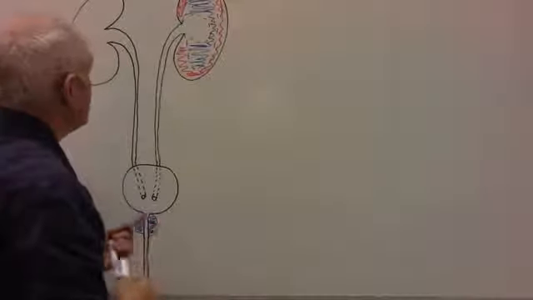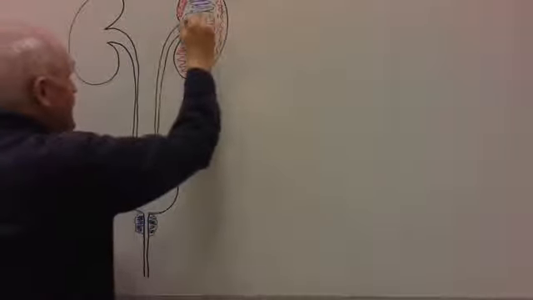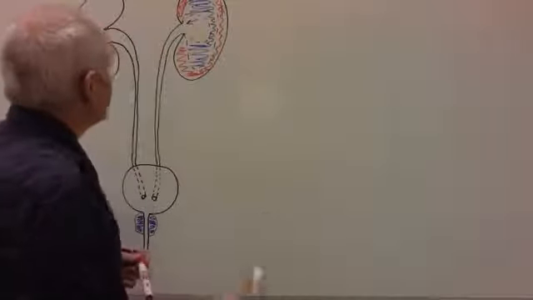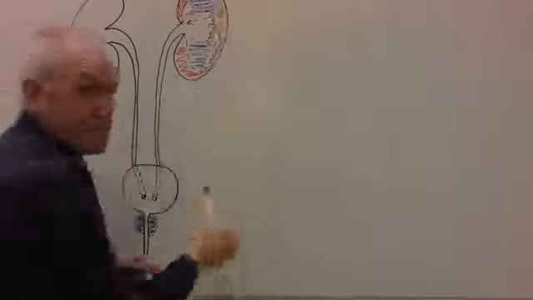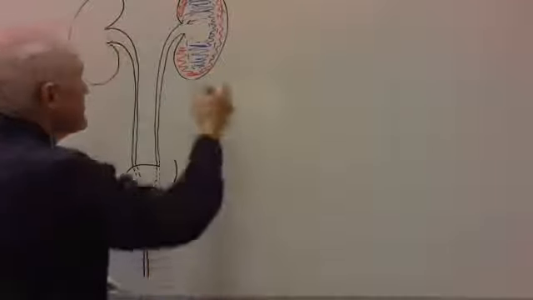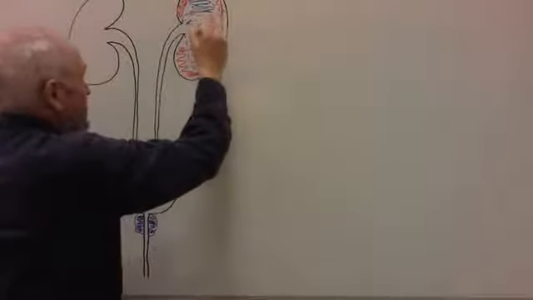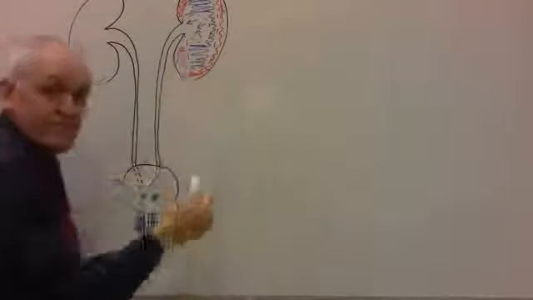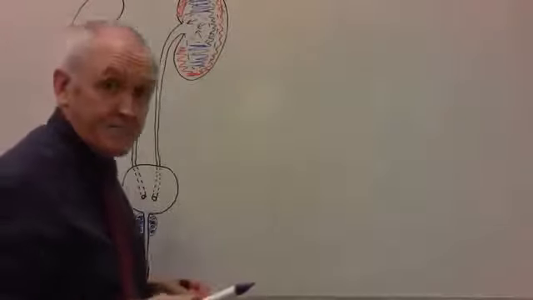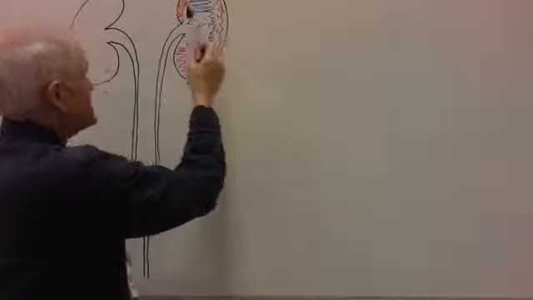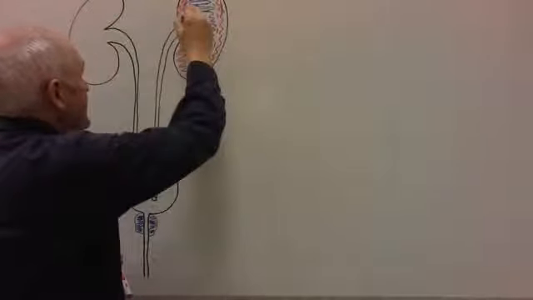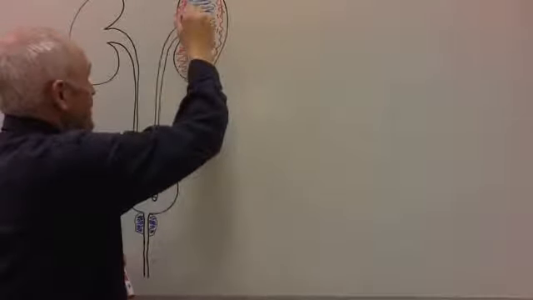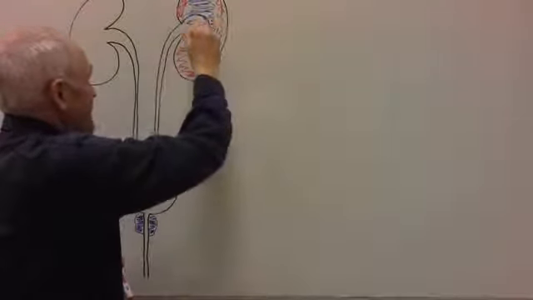And in the middle here, there's an area where the urine collects. So the urine is actually produced by the cortex and medulla, what's known as the parenchyma of the kidney. The urine passes out of the medulla into this area in the middle, and this is the renal pelvis. So we've got the renal cortex, the renal medulla, and then in the middle here we have the renal pelvis, where the urine actually collects.